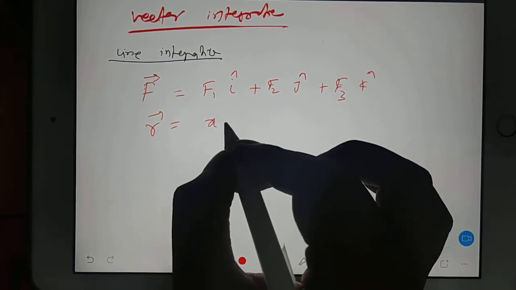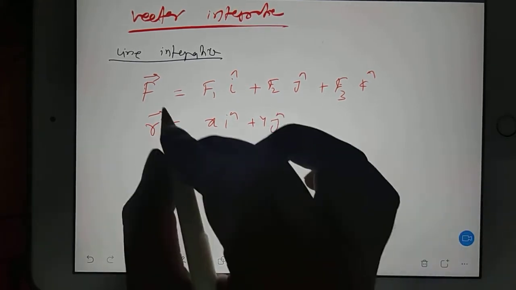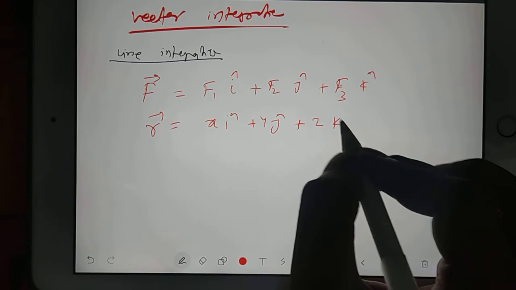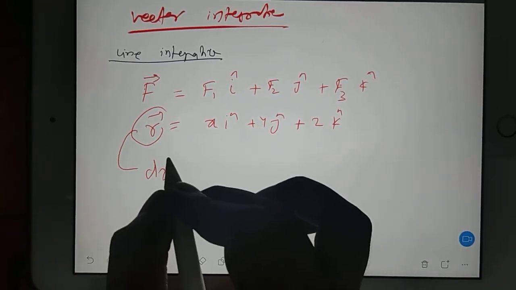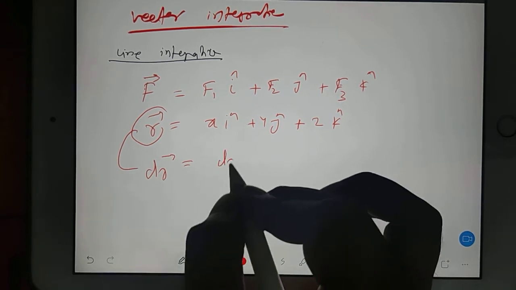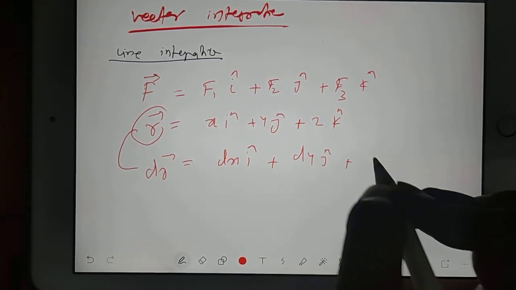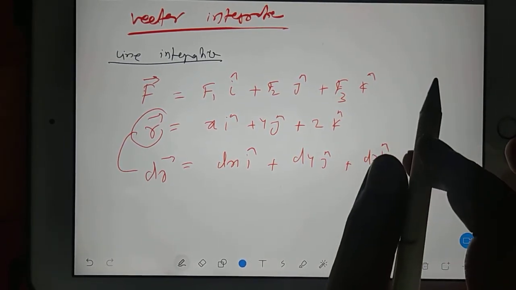So r is xi plus yj plus zk, always fixed. When we convert r into dr, this is also a vector, which we write as dx i plus dy j plus dz k. Copy down these three.